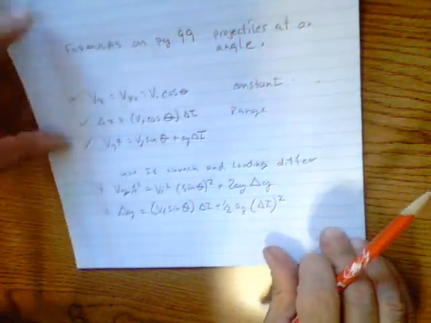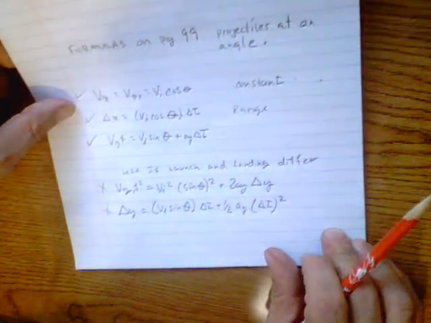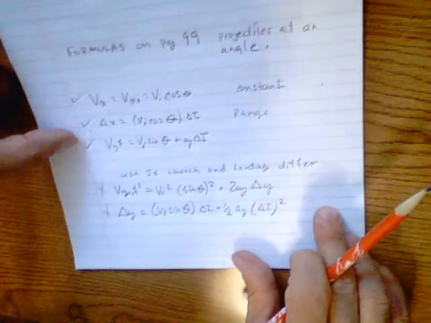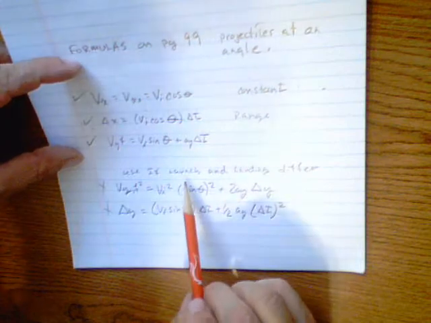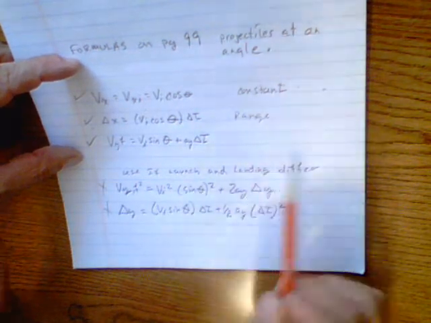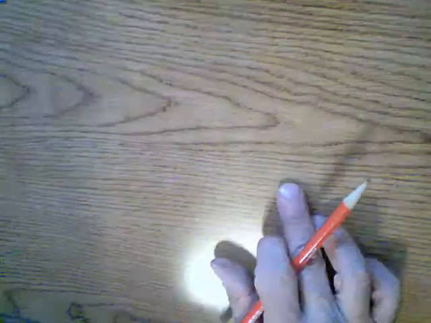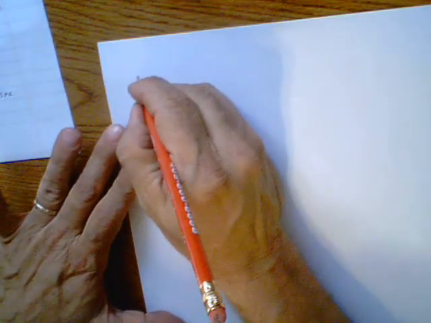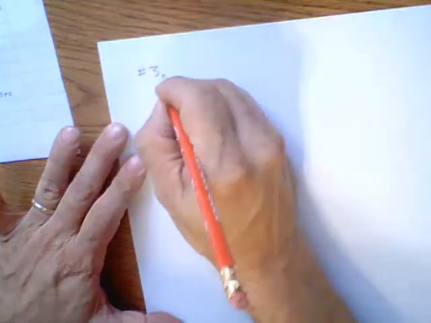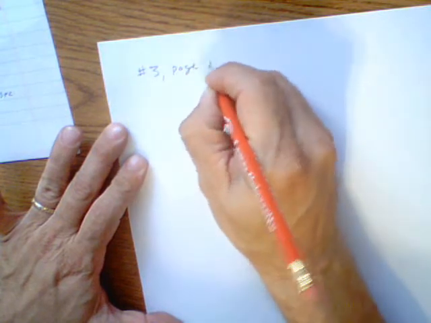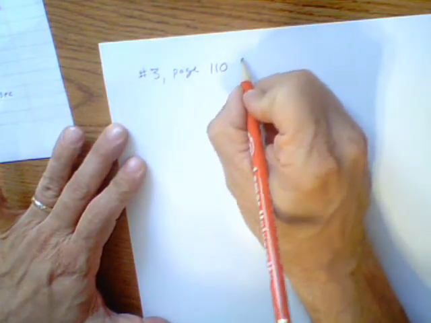Now, there's practice problems in your book. However, just as a warning, I'm not going to test you over an example where the launch and the landing are different. Just for the record, you won't see that on the exam. But you will see on the exam a problem exactly like number 34 on page 110. It's a review question.